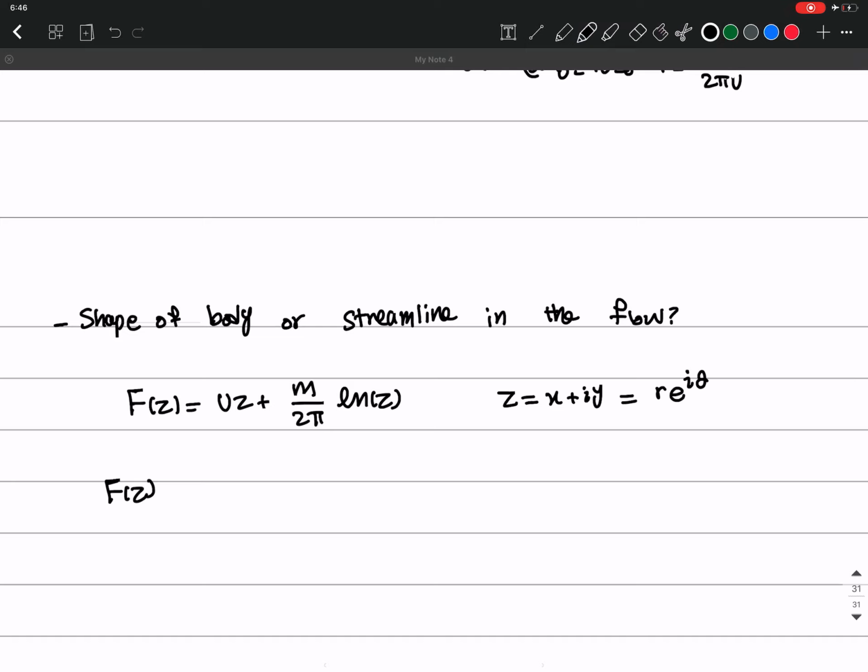I'm going to write this as U, instead of z, I want to write r e^(i theta) for both of them, m over 2 pi ln r e^(i theta). So now I want to simplify this. We know r e^(i theta) is just r cosine theta plus i sine theta, so I just write it down, cosine theta plus i sine theta.